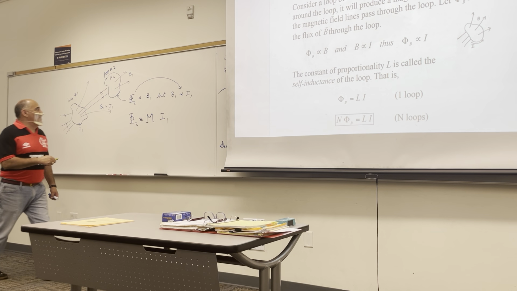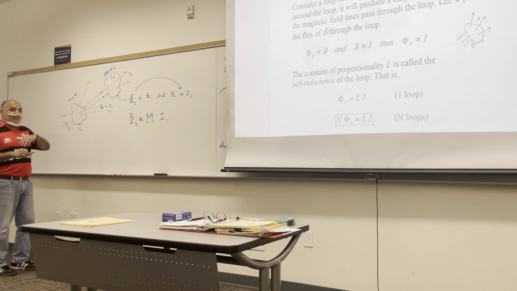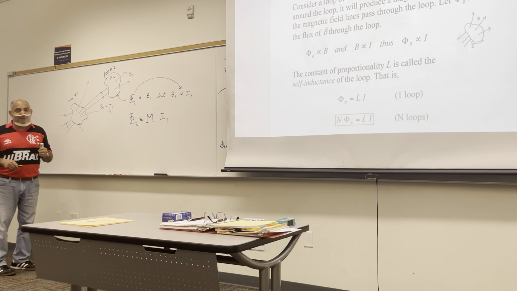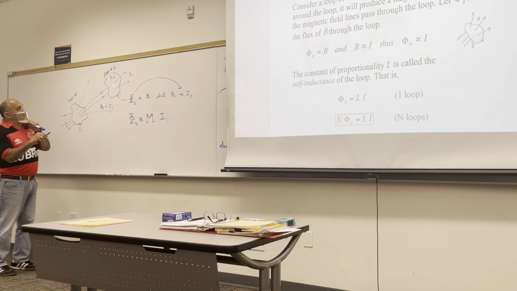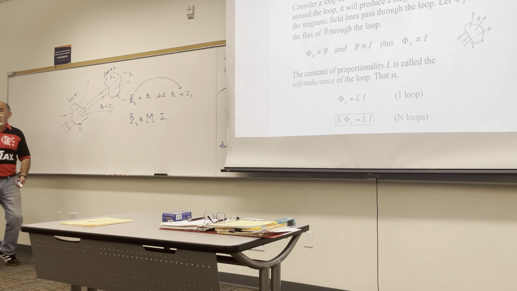Well, here we have one loop with current in it, which produces its magnetic field, but some of the magnetic field may go through another loop that's nearby. So there will be a magnetic flux through this loop, proportional to the magnetic field that goes through it, which is produced by the current in the first loop. That constant of proportionality is called the mutual inductance.